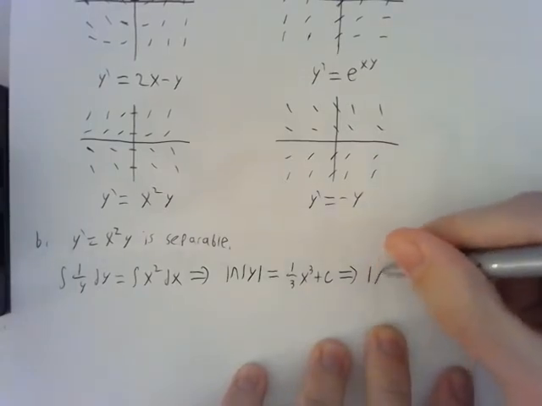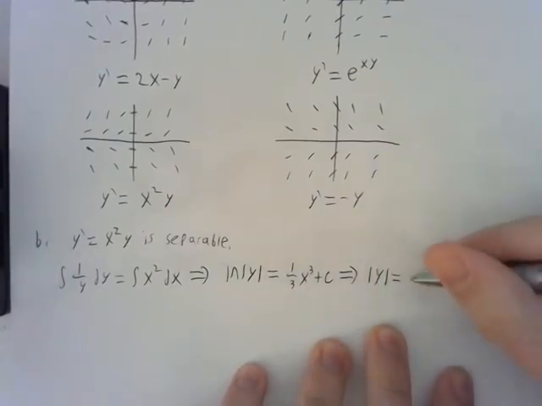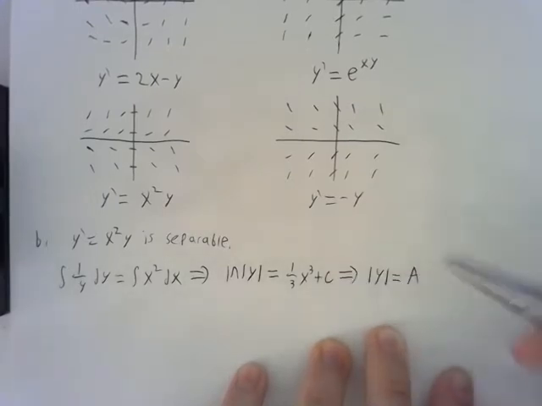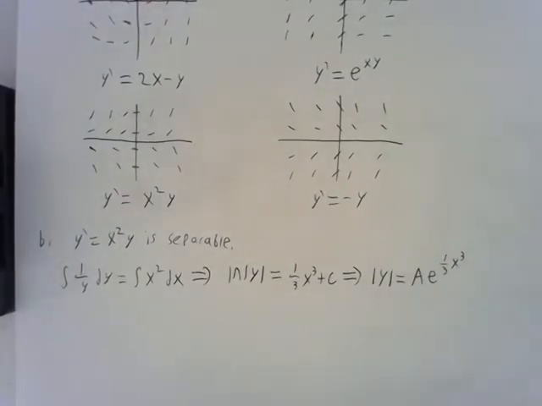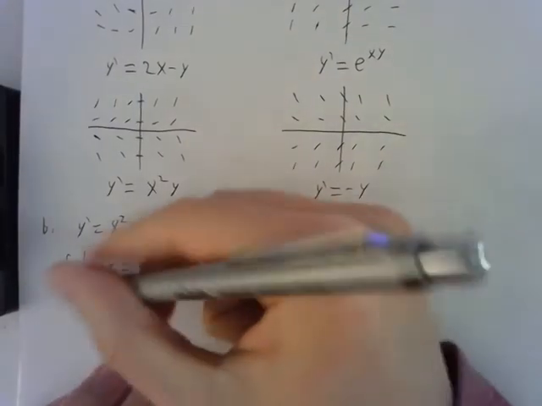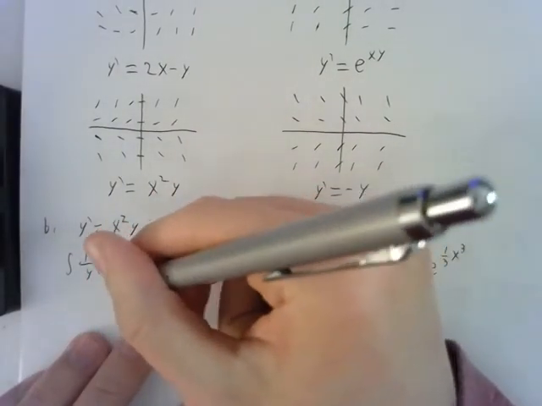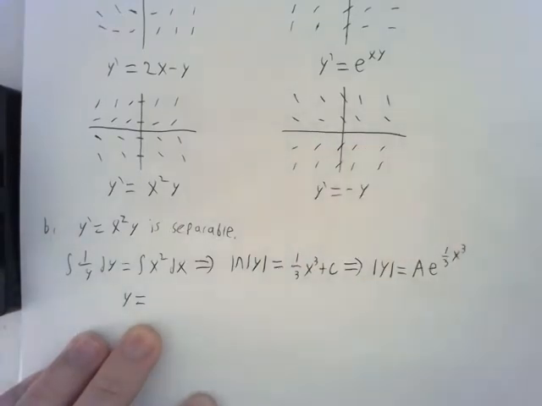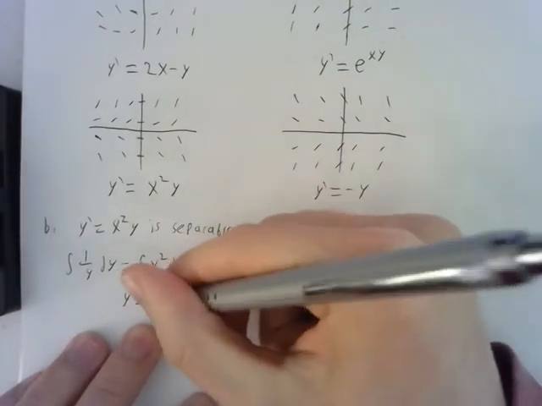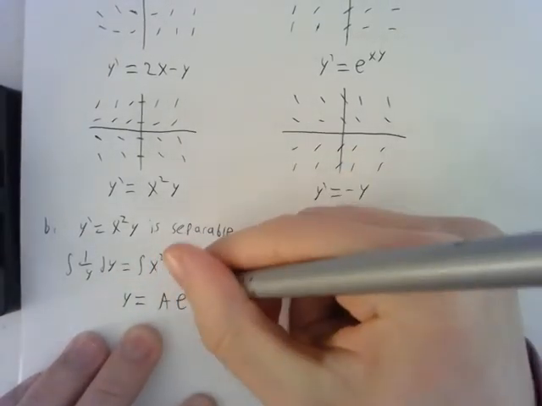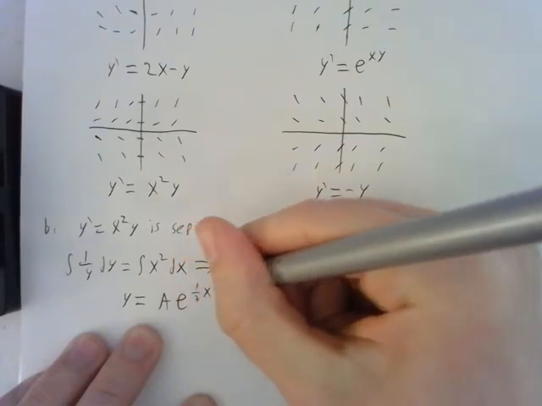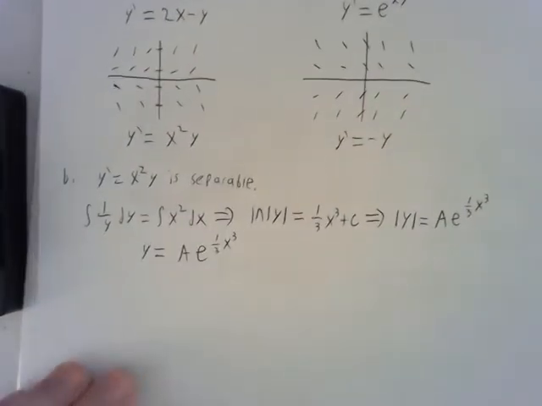We'll get the absolute value of y is equal to a new constant a, which will be e to the power c, times e to the 1/3 x cubed. And then we can absorb the absolute value into the constant to just get that y equals a e to the 1/3 x cubed.